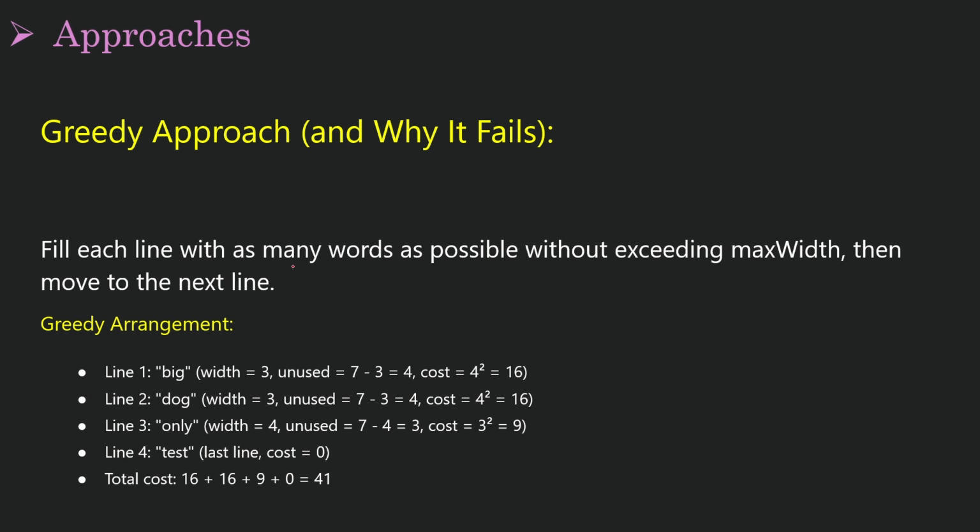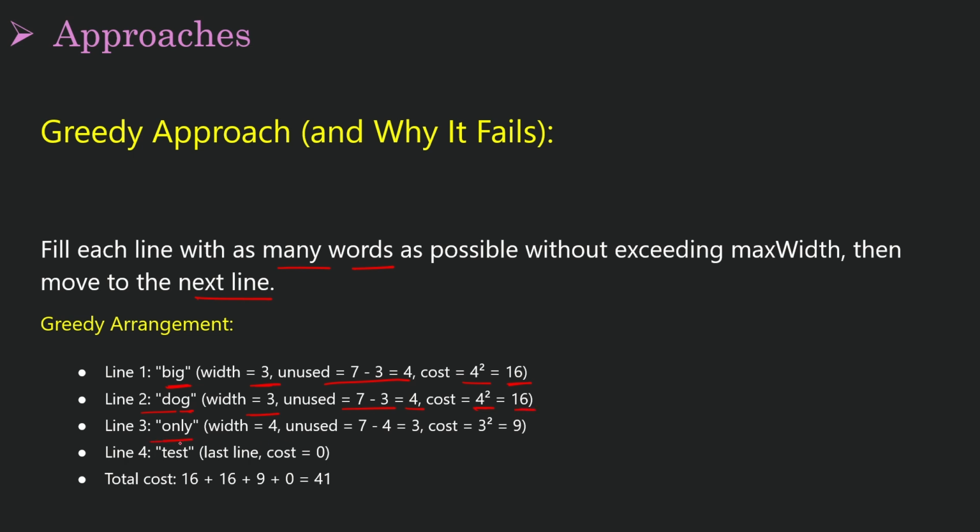Fill each line with as many words as possible without exceeding max width, then move to the next line. Greedy arrangement. Line 1, "big", width equals 3, and unused equals 7 minus 3 equals 4, cost equals 4 squared equals 16. Line 2, "dog", width equals 3, and unused equals 7 minus 3 equals 4, cost equals 4 squared equals 16.